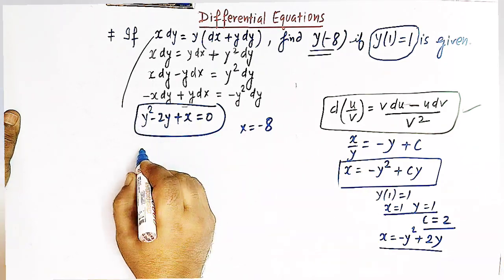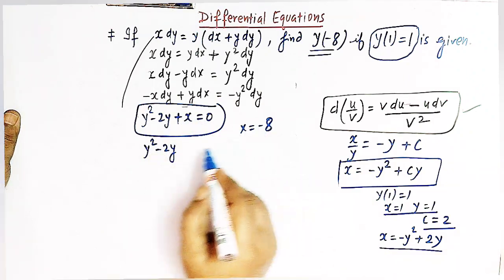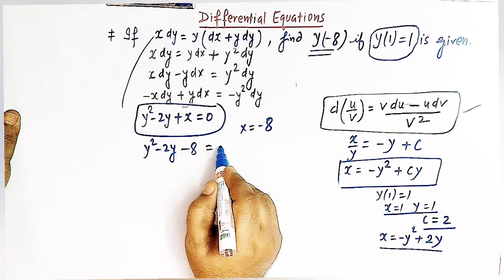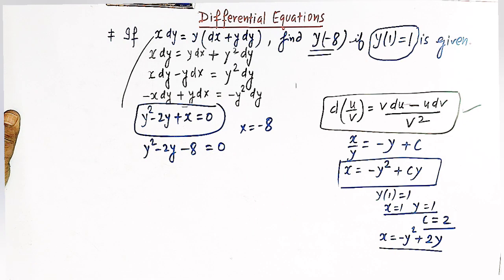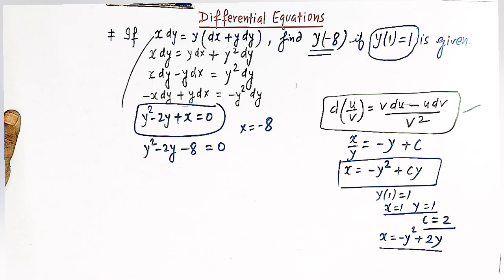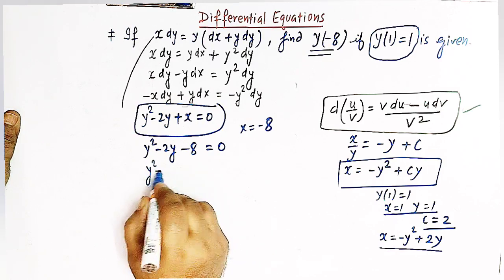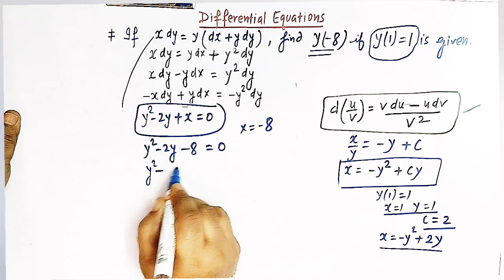So we have y square minus 2y, and here x is minus 8, so this is equal to 0. So now we have a simple quadratic equation which can be solved easily by the method of splitting the middle term. So we have the two numbers, that is 4 and minus 4 and 2.